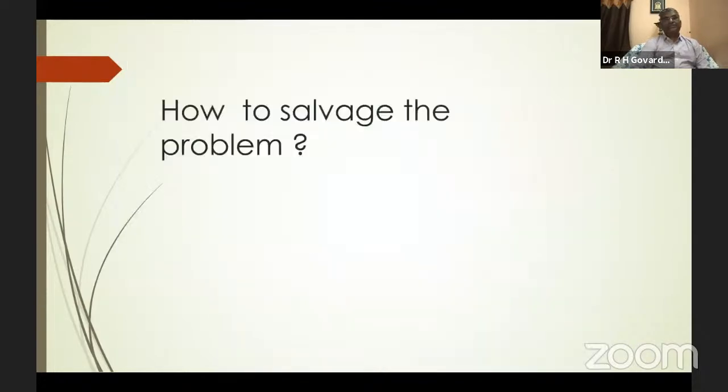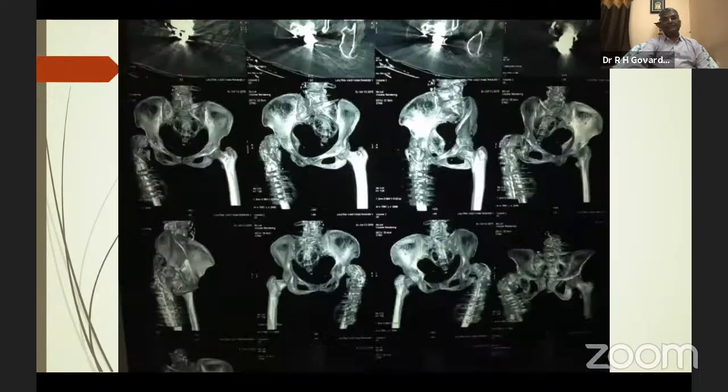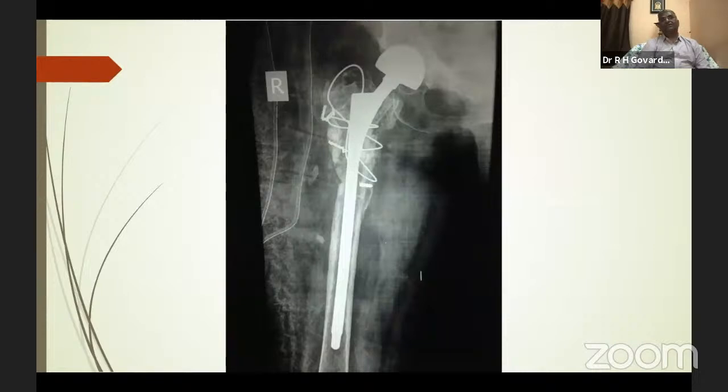So at that stage, the patient came to me. We analyzed this non-union with the dislocation, and I thought that I had done a fantastic job, and could remove the implant and put a long stem and a bipolar.